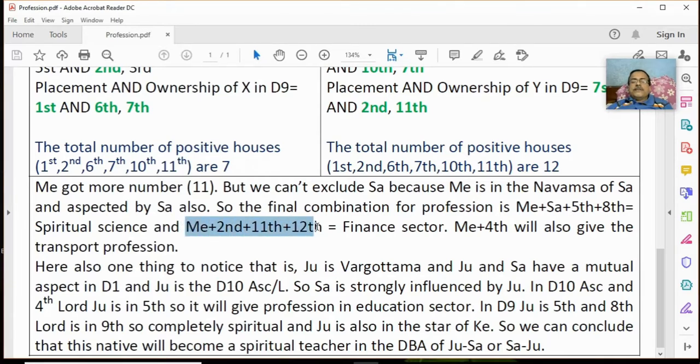Mercury 2nd, 11th and 12th, that is financial sector. And here Mercury plus 4th indicates the transport profession. That's why here the way of earning will be the financial sector and transport, but the social identity for this native will be the spiritual teacher at the end of his life.